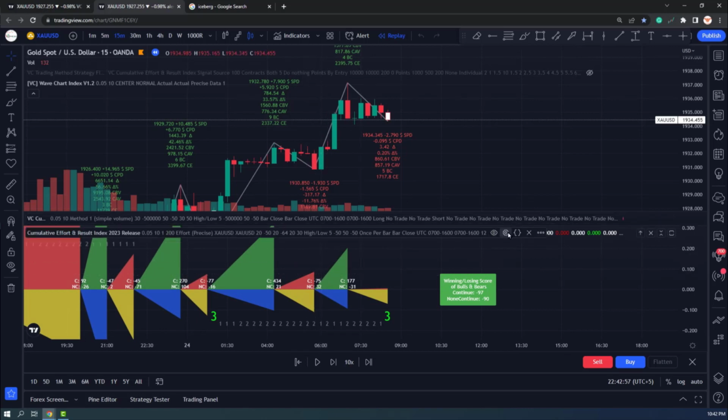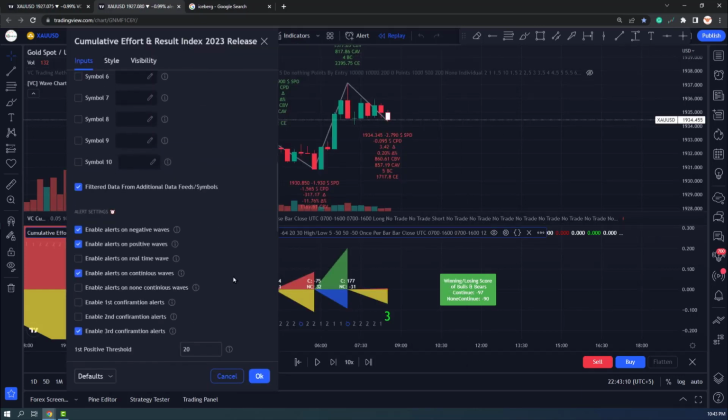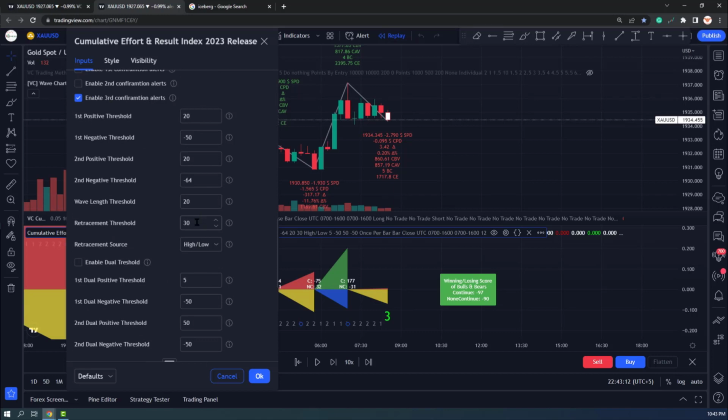I have set here. Yes. Here the price retraced more than 30%. I think I have set 30% or 40% here. Yes, price retraced 30% of the previous wave here, and it's fulfilling our first and second confirmation alerts.